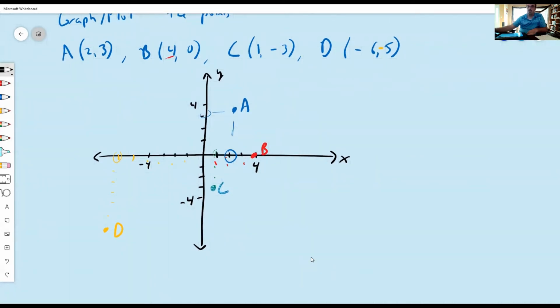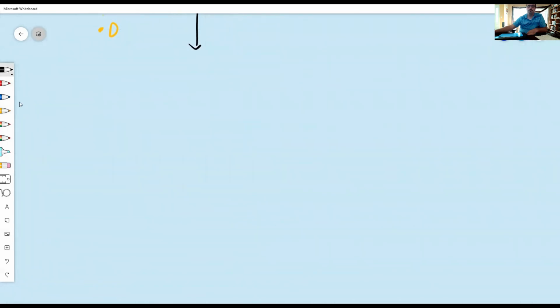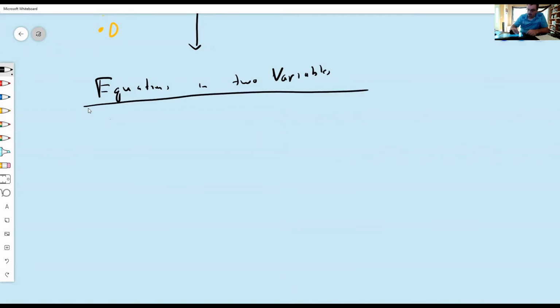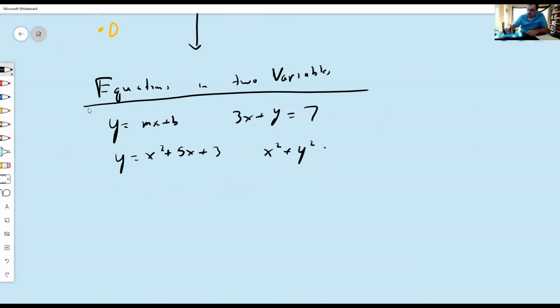The next thing we want to talk about is equations in 2 variables. Examples are y equals mx plus b, 3x plus y equals 7, y equals x squared plus 5x plus 3, x squared plus y squared equals 17.